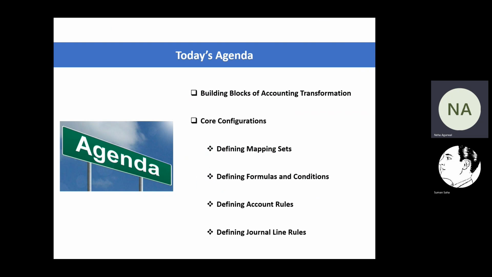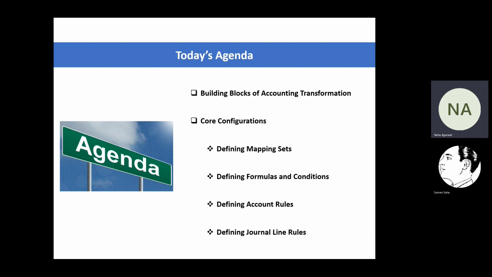So, seeing today's agenda before proceeding. Today we will be seeing the building blocks of the accounting transformation, the main important task which will help us create our own accounting rules. Firstly, we will see the building blocks, all the elements of the accounting transformation. After that, we will move towards our core configurations.